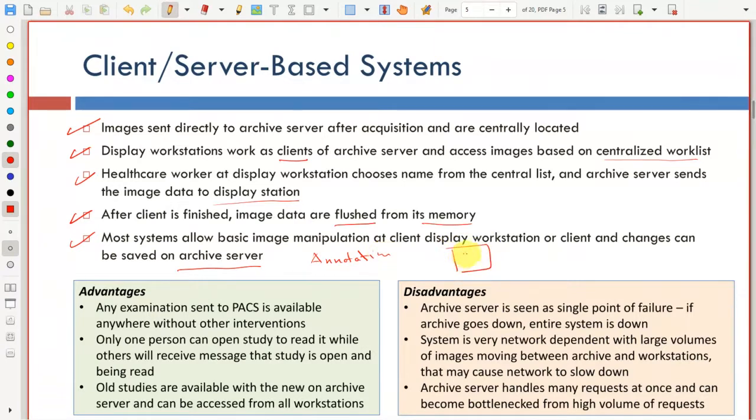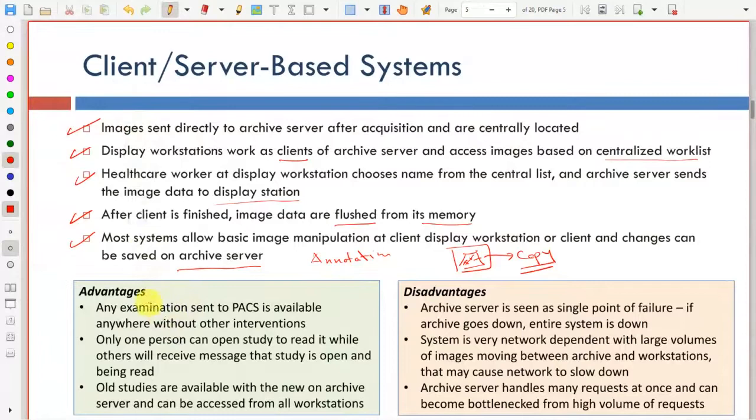For an ultrasound image, for example, you would put some measures here and write some stuff here. He can save a copy of this on the archive server. He's not going to override the old one. He's going to save a copy of the new one, the one that was manipulated by the doctor, because it's a part of the diagnostic process. So it's good to save it because it's a record of how the diagnosis was made. So he can do that.